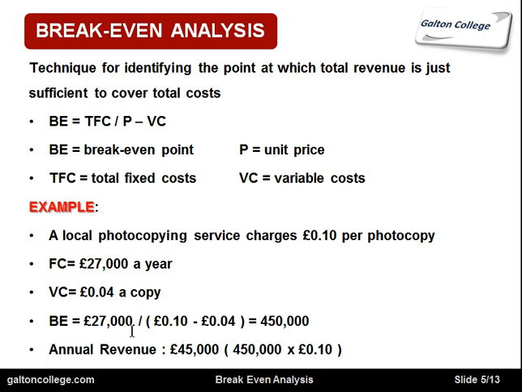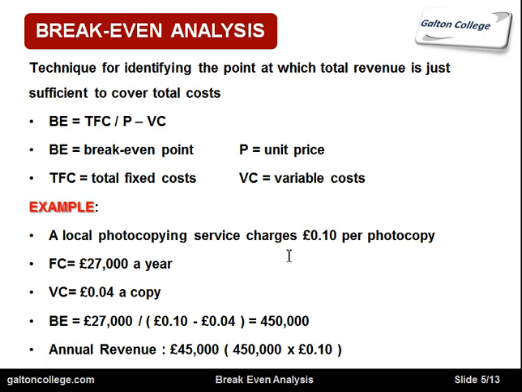Now if we go down to our formula, the one that we had up here, we have the fixed cost, £27,000 a year, divided by the price, or the selling price of a photocopy, which is 10p, less the variable cost.